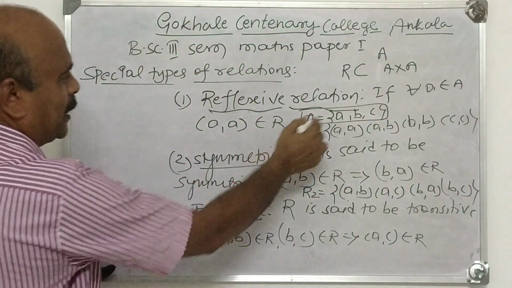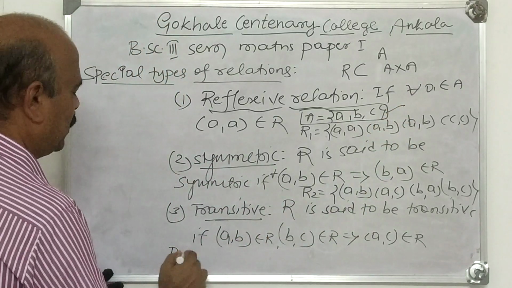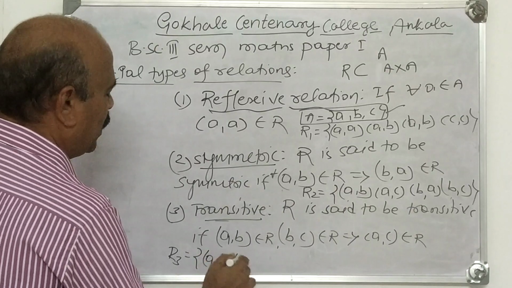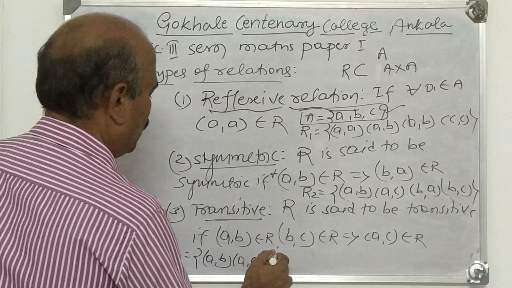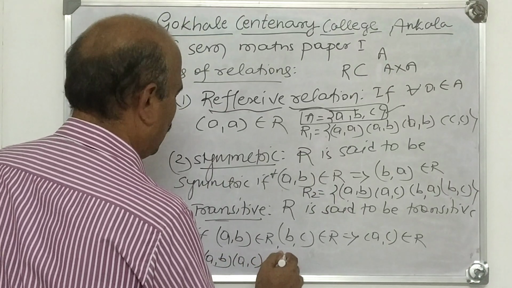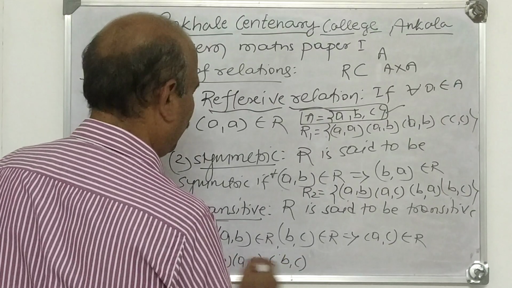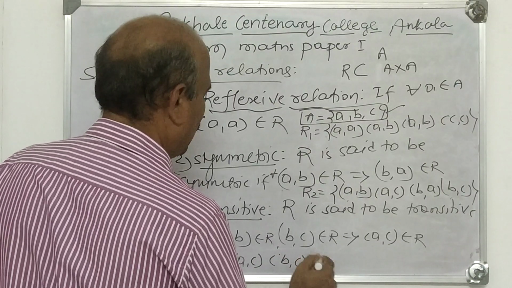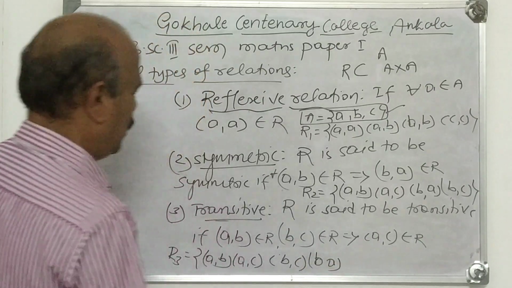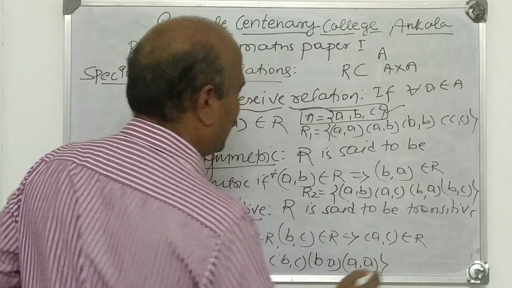Transitive example: say take the same set A and R3 is defined like this: (a,b), (a,c), (b,c), then (a,b), (b,c) means (a,c), and (b,a), (a,a). What is the relation?